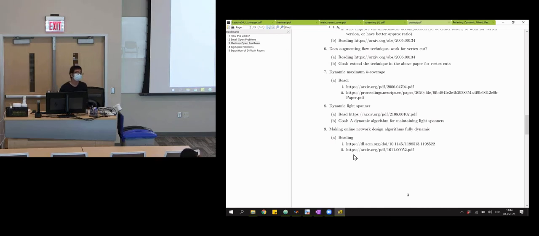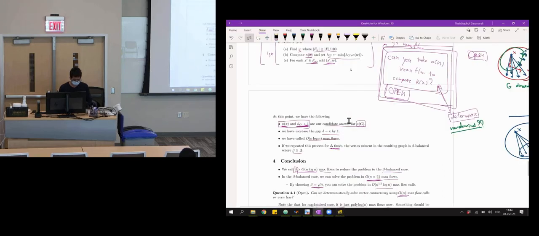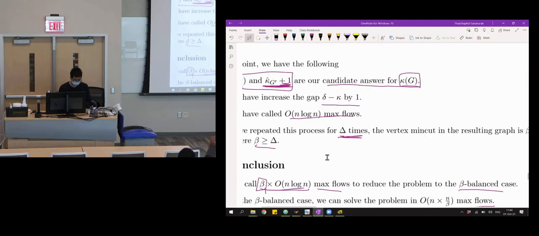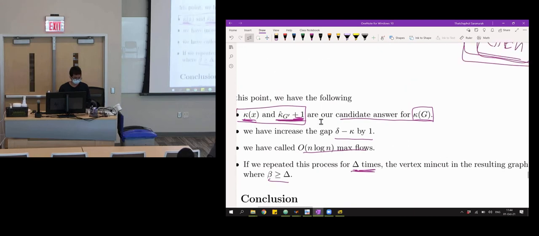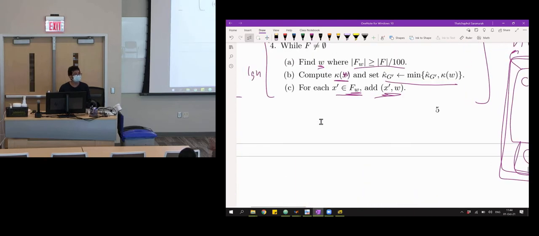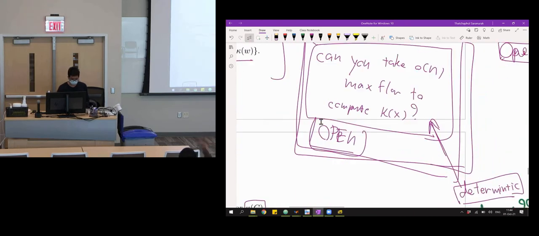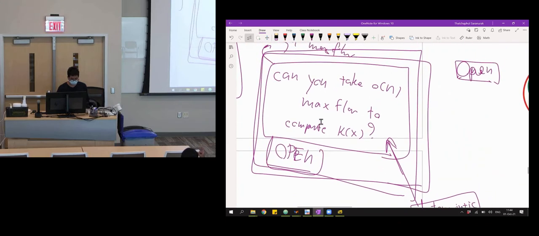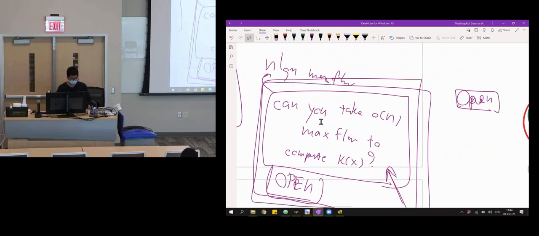In the previous slide which you presented, the n log n max flows is written. So does that algorithm already exist?